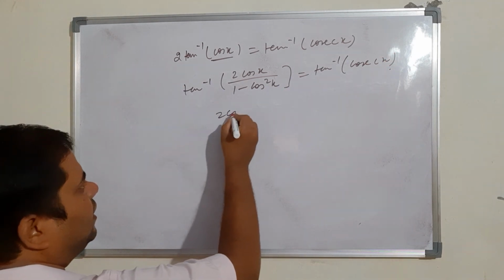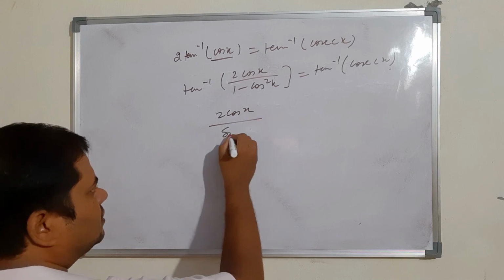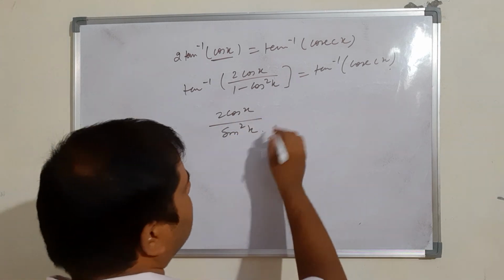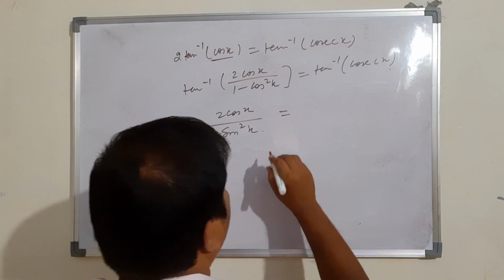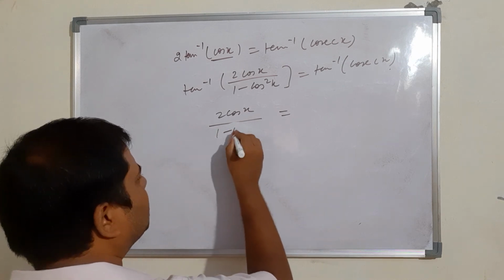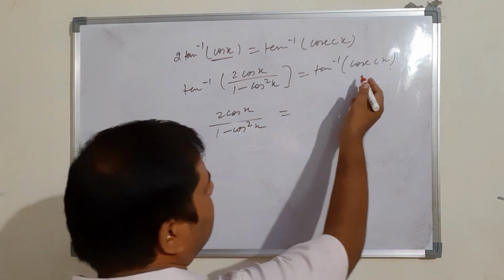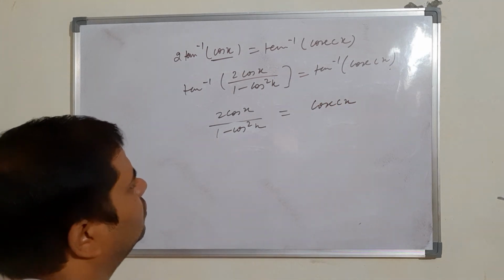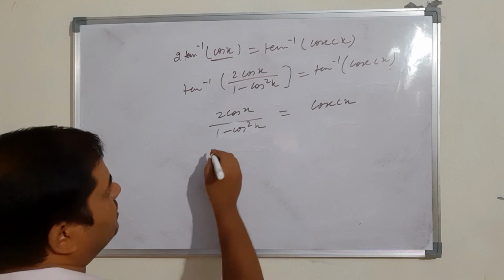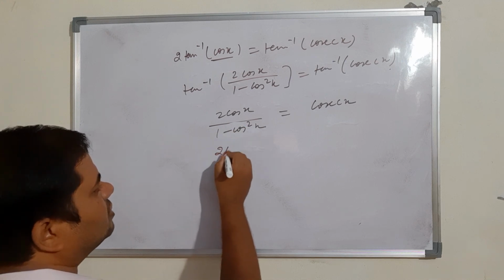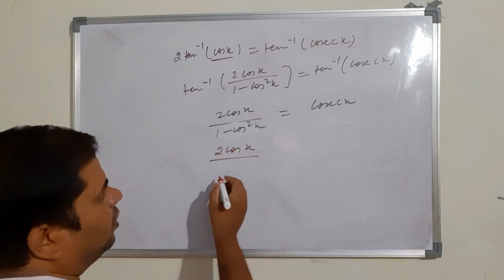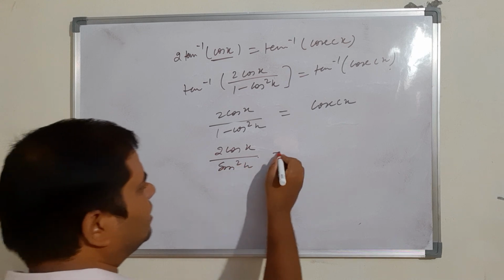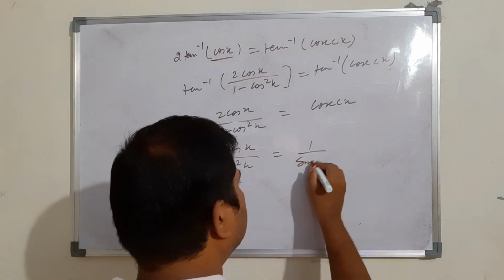So simply you can write 2 cos x upon sin square x, since 1 minus cos square x is sin square x, and this is cosec x. Okay, so this one is 2 cos x upon sin square x is equal to 1 upon sin x.